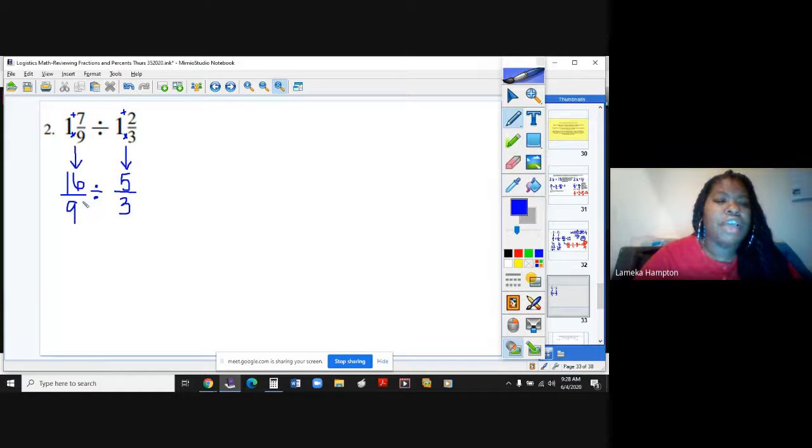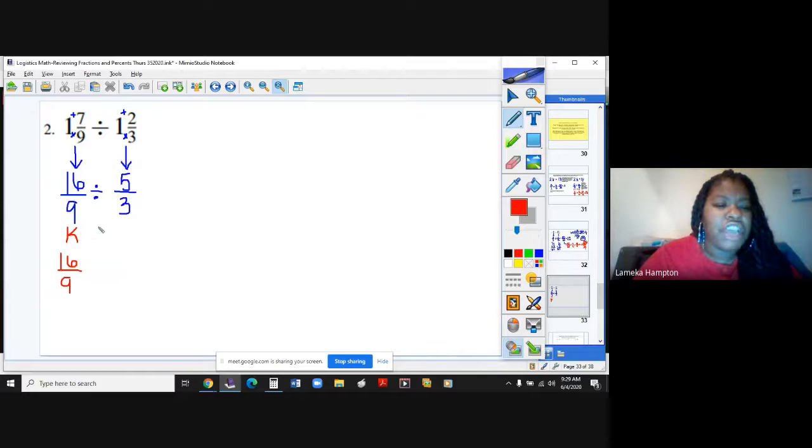All right. So now I have 2 of my fractions that have been converted from mixed fractions to improper fractions. But now I'm going to follow the keep, change, flip rule. I am going to keep my first fraction the same, so I'm simply going to rewrite 16/9.